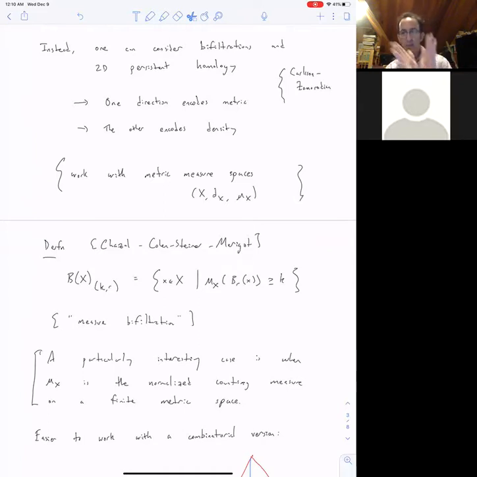As you go out in the filtration, you vary both the density you're looking at and the feature scale. Now we're working with metric measure spaces, (X, d_X, μ_X), where μ_X is a density, some measure with respect to the Borel structure on X.